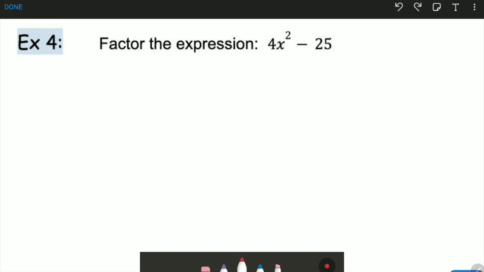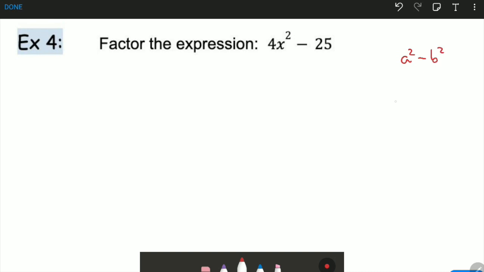The second thing I want to check is, is it a pattern? And now, we haven't actually had an example yet where it's a pattern, but this one is indeed a pattern. And the patterns that you can look at are a squared minus b squared pattern.